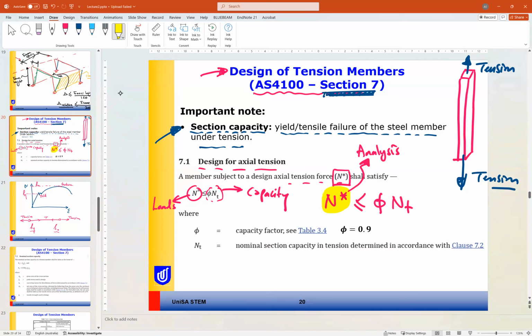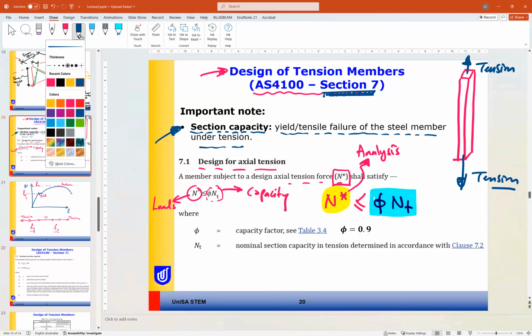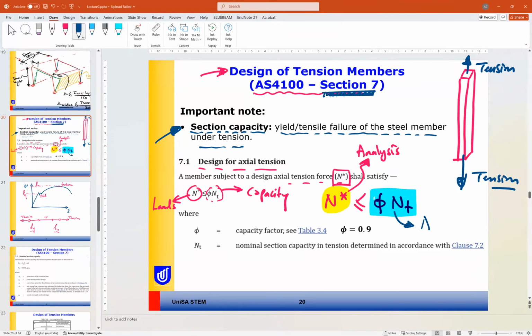The tensile capacity of the member will be calculated using the formulas from AS 4100, where phi is the capacity factor from Table 3.4, and we mentioned that phi for tension members is 0.9.